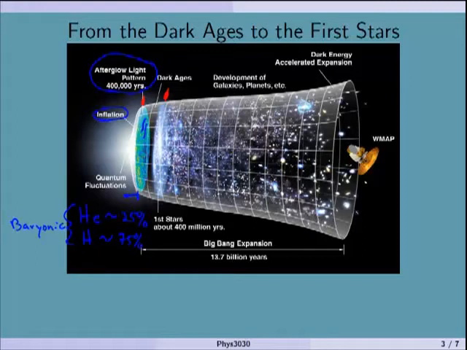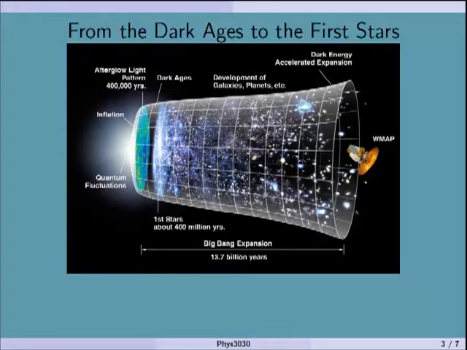There's light from the CMB floating around, but there are no stars giving off new light. And we go from the dark ages to a time when there's all kinds of structure that we see.